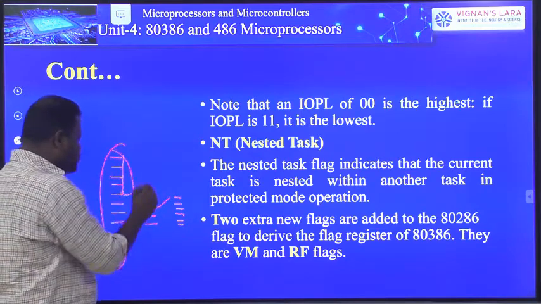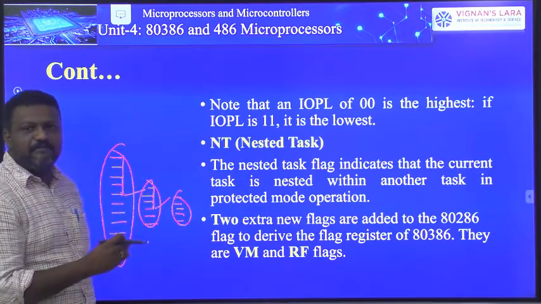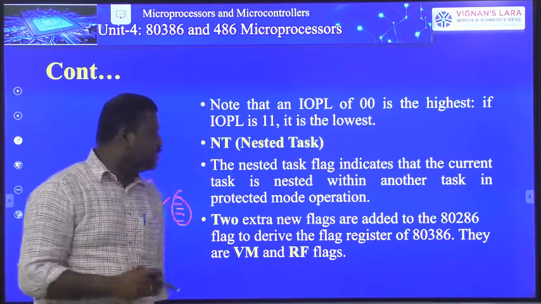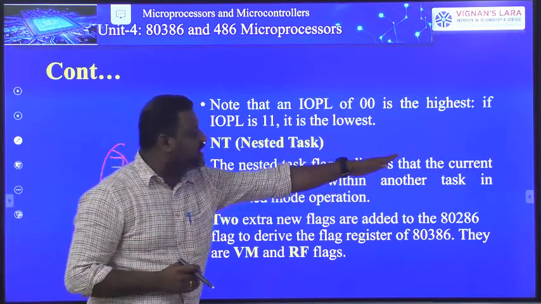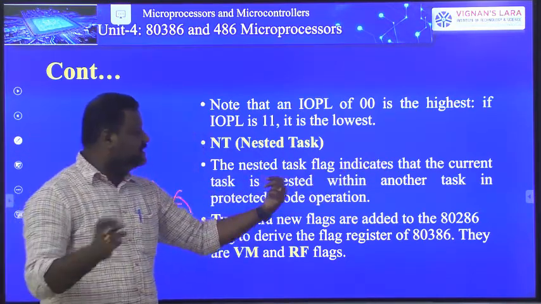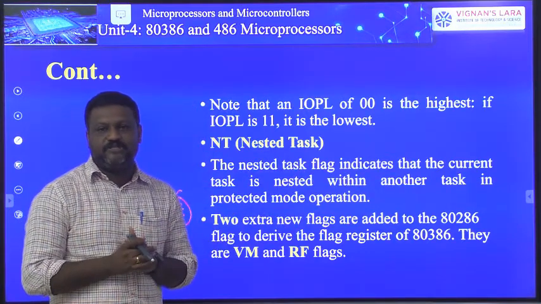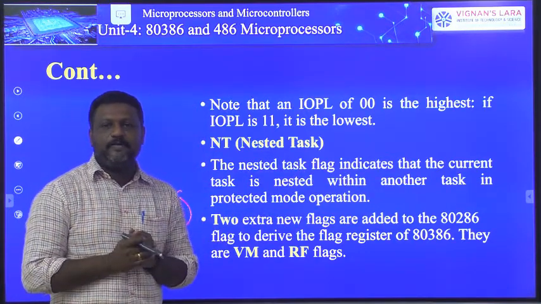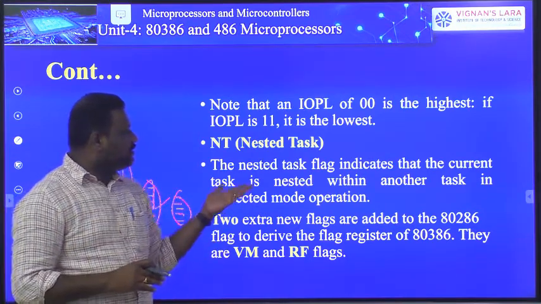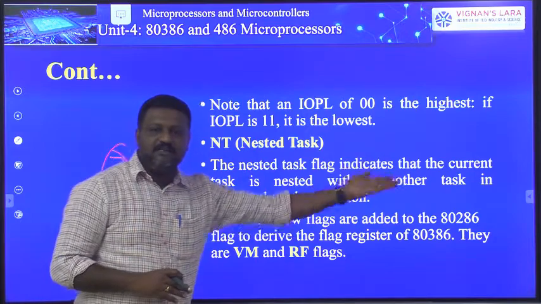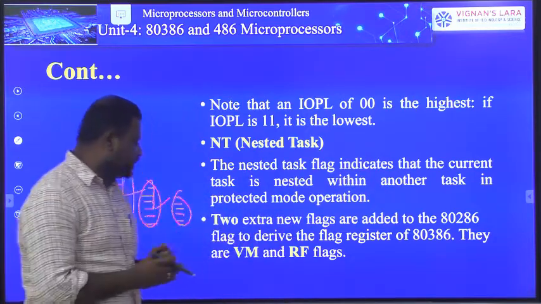This one calls this, and this one calls this. This is what we call a nested operation, and that is indicated by this flag. The nested task flag indicates that the current task is nested within another task in protected mode operation. In protected mode operation of 80286, you may identify that one task calls another task. The same thing also applies in the 80386 case.